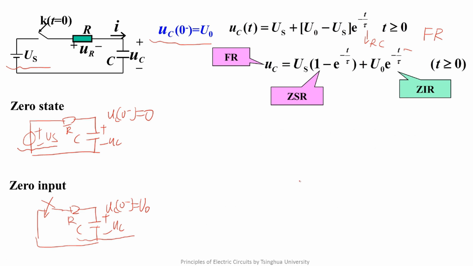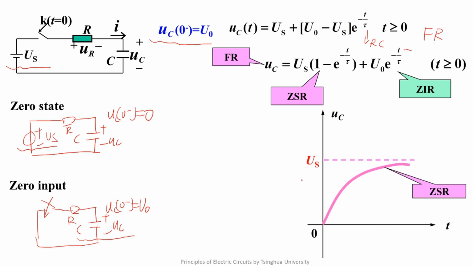Now we draw the waveform of the two responses. For the zero-state response, because the initial state is zero, the capacitor voltage is charged from 0 to US. For the zero-input response, because all the energy of the circuit is stored in the initial stored energy of the capacitor, the voltage decays from U0 to 0.